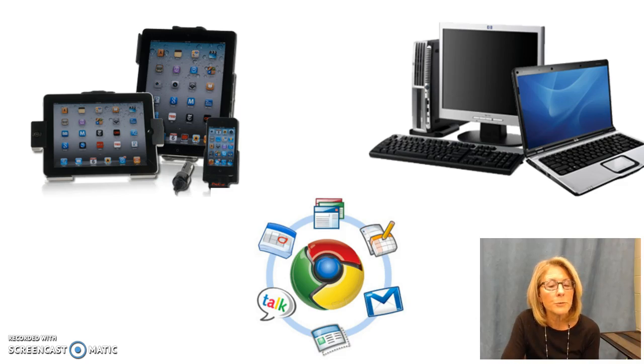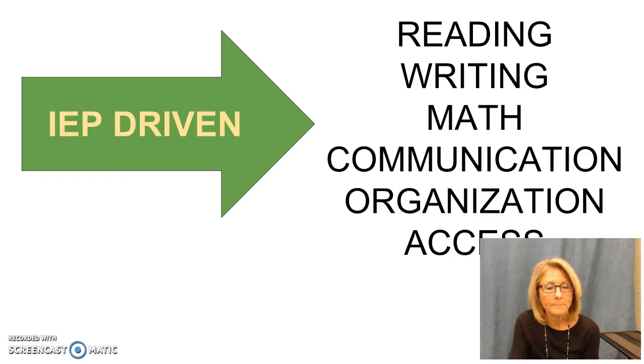And then we move into some of our higher tech, such as iPads, iTouches, other tablet devices, and the apps that go along with those, computers, of course, and online or software programs that are helpful for kids. And then an increasingly large area to target for assistive technology is the Chrome or Google apps and extensions and accessibility features that are available to many of our students.